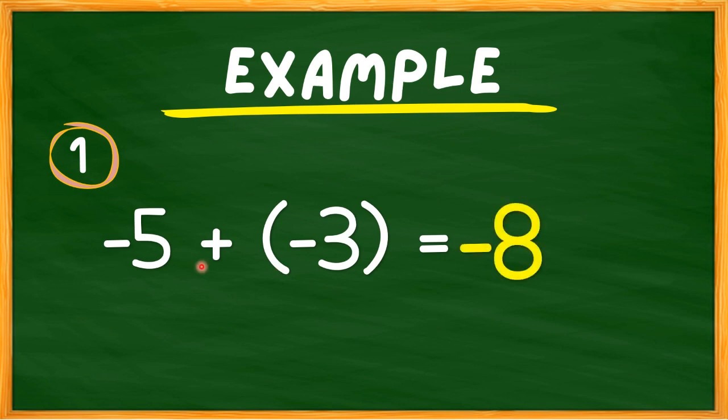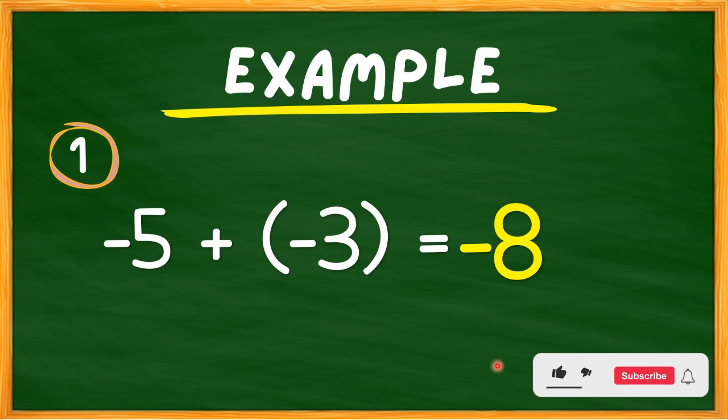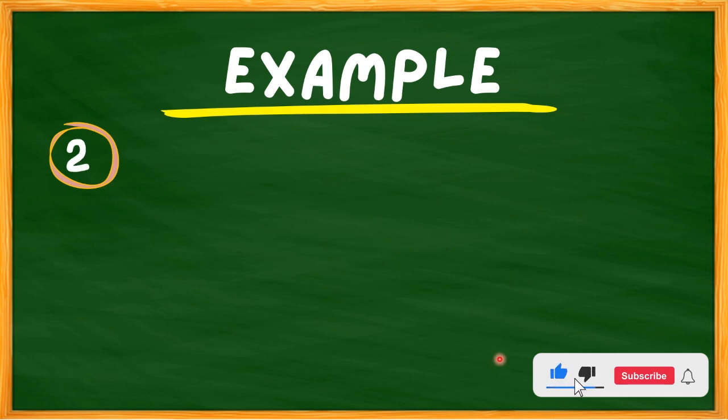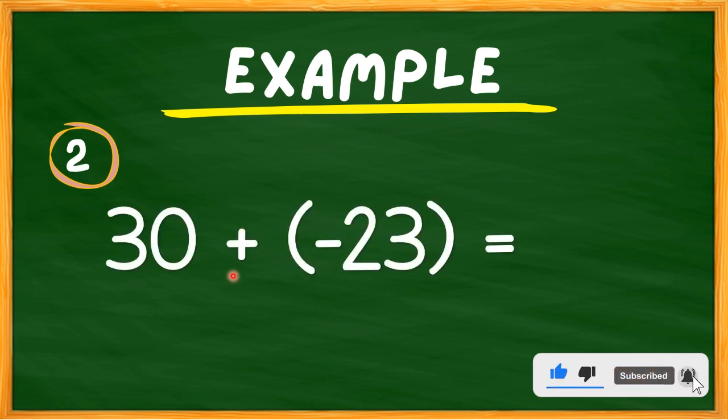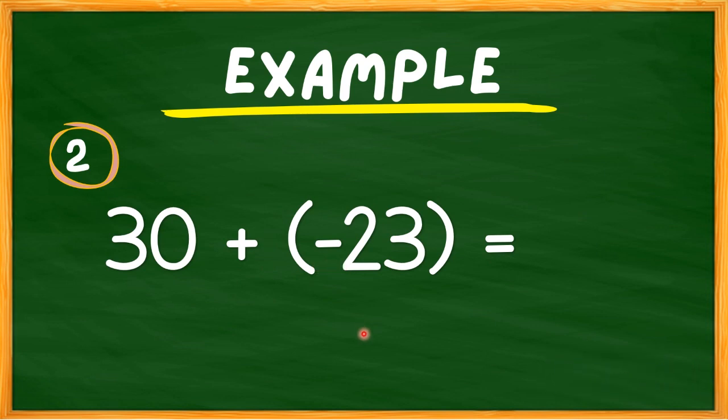They are both negative, therefore you're going to add 5 plus 3 and copy the sign. Number 2, positive 30 plus negative 23. Observe the sign. The answer must be positive 7, because 30 is positive and 23 is negative.